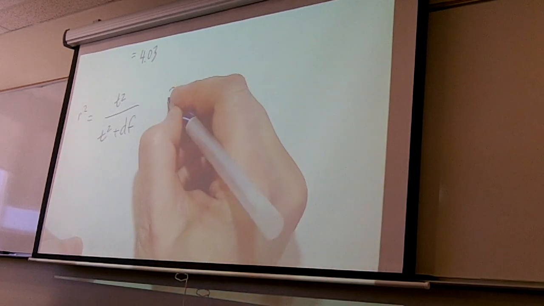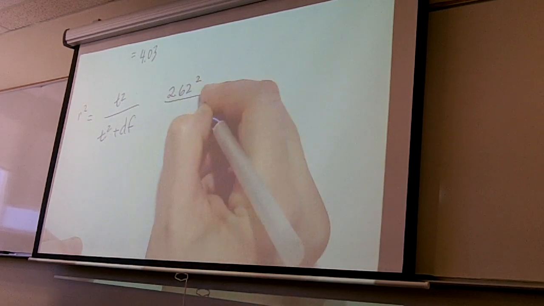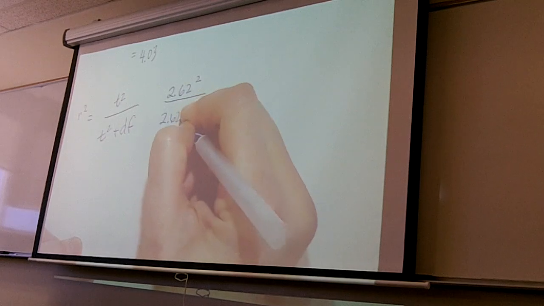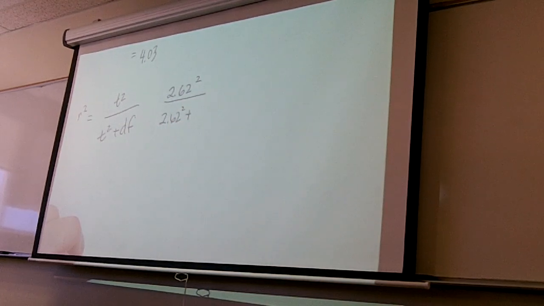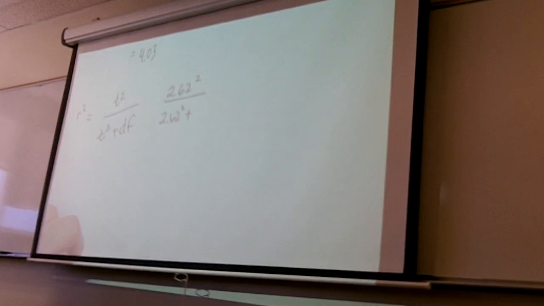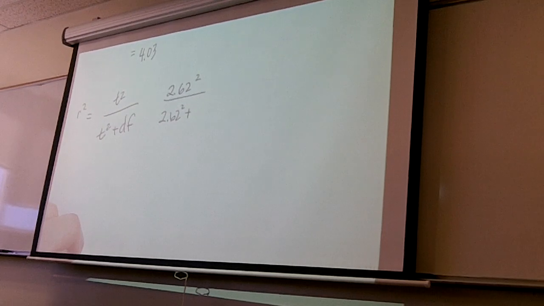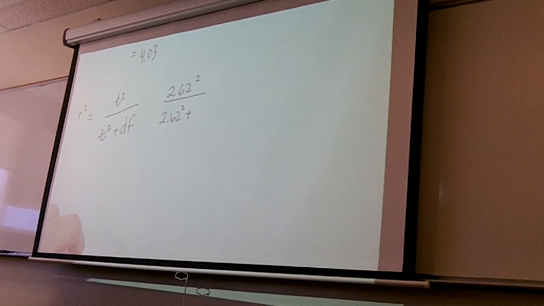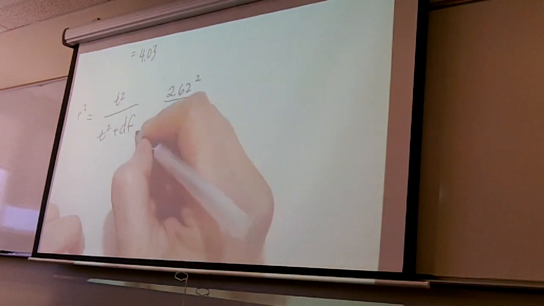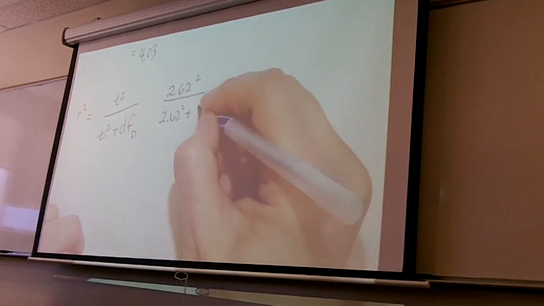All right, 2.62 squared over 2.62 squared plus some degrees of freedom. And it's always which degrees of freedom? The one you use to look up the critical value. So in this case, it's 5 degrees of freedom of the difference, right? Okay, so this one's going to be 5.